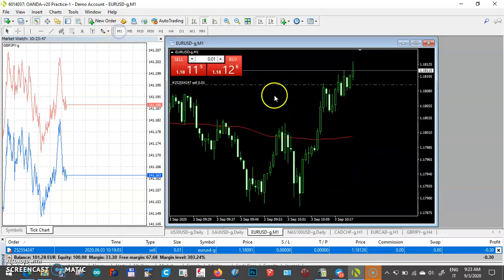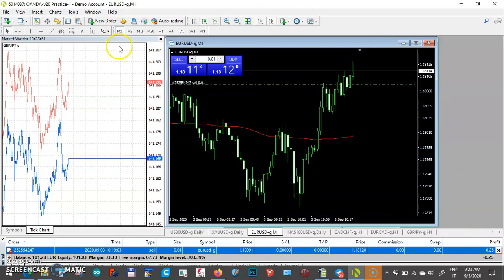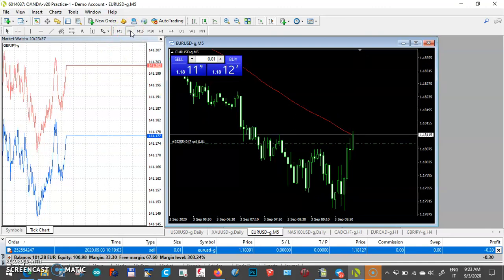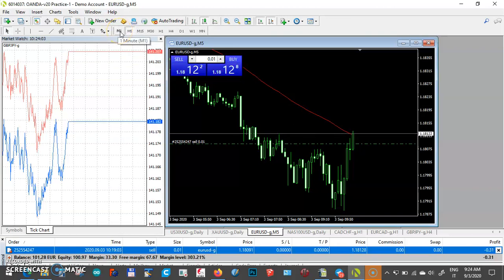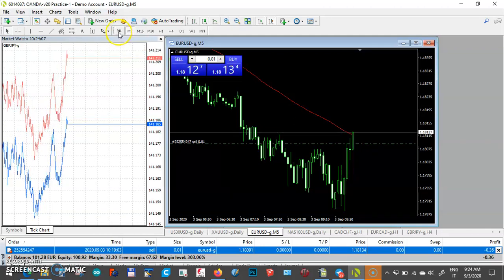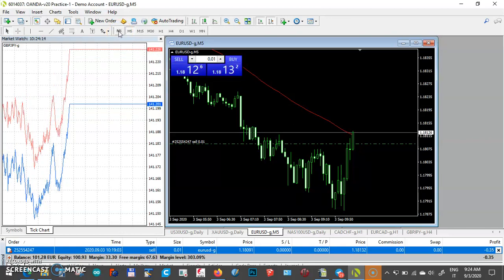We can see what's going on, and you have to be ready to place another sell or close this trade. I should have closed this trade before, as I said, but I'm waiting for a retest.